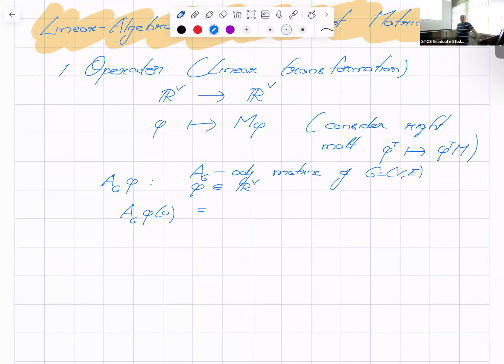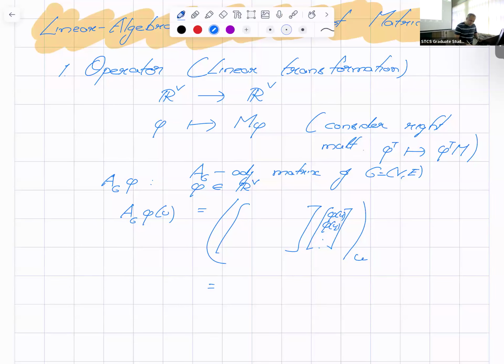So what is A_G phi of u? You're taking this adjacency matrix and multiplying it by the vector phi, which is phi of u1, phi of u2, and so on. And I'm asking what is the u-th entry of this vector?